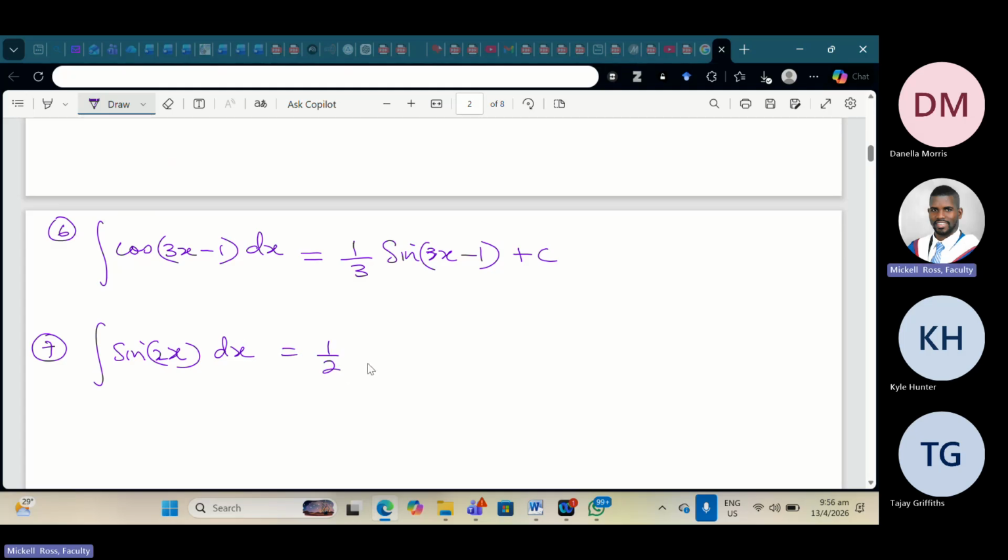So we're going to have a half, well, negative, because when you integrate sine, you get negative cos. Cos 2x plus c. Did we get that answer?